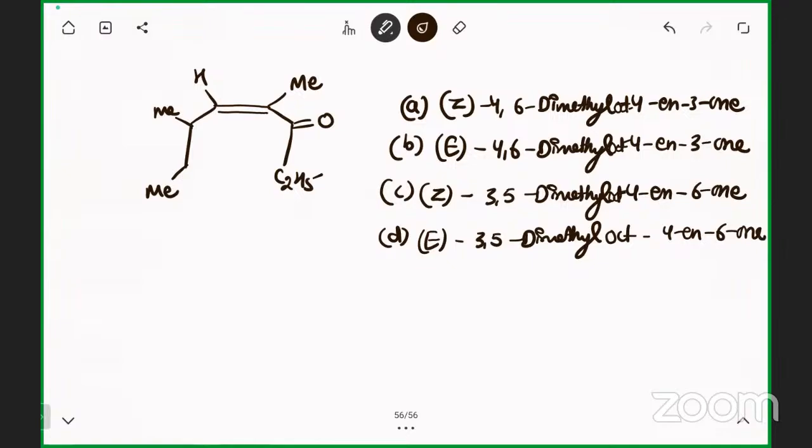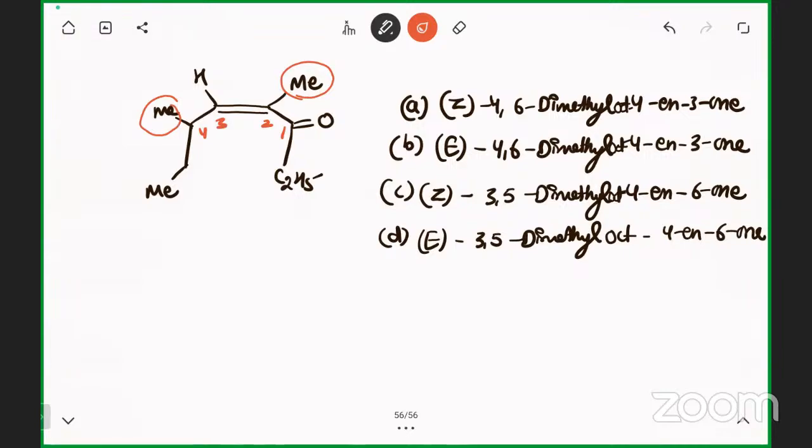So first option, sir. Why first option? Your Me are on the same side, sir. That's why Z. See, it's starting from 1, 2, 3, 4. On the C, you can see the Me and Me.